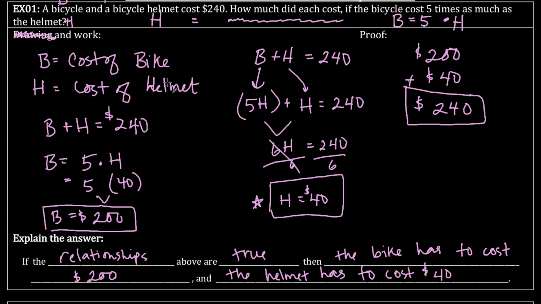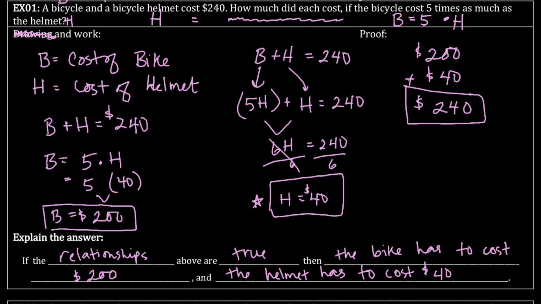Basically, if the bicycle is going to be 5 times as much as the helmet, and if together they combine to $240, then the bike has to be $200 and the helmet has to be $40. It can't be any other combination.